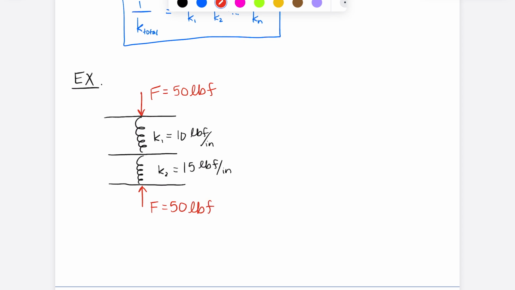The question is, what is the total deflection of these 2 springs in parallel?